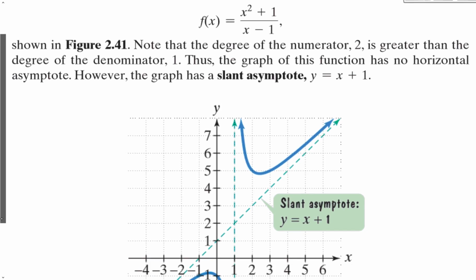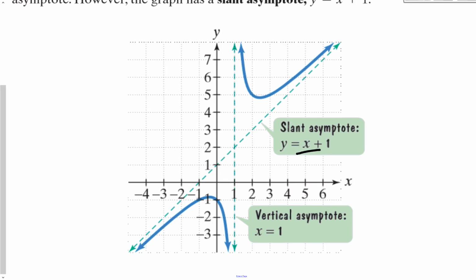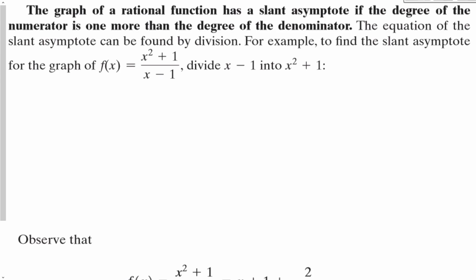Thus, the graph has no horizontal asymptote. But it does have a slant asymptote, and I can figure out the equation of that slant asymptote so that I can draw it on the graph. Okay? So, the graph of a rational function has a slant asymptote, a linear asymptote, right? That's what this means.